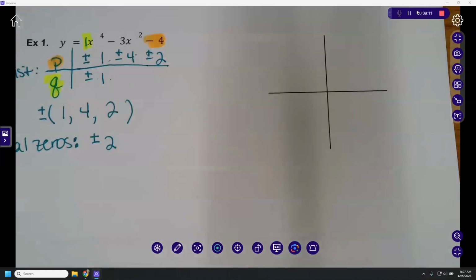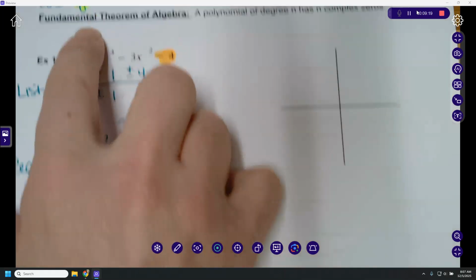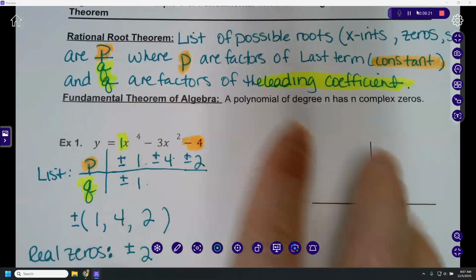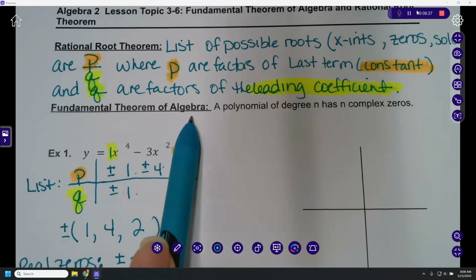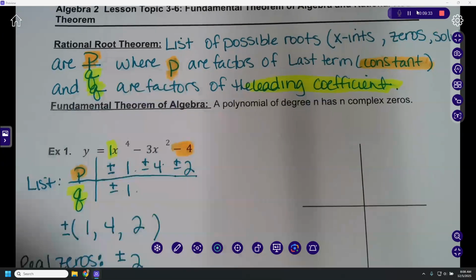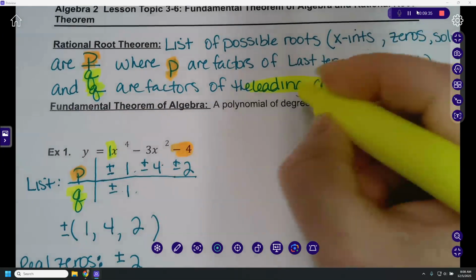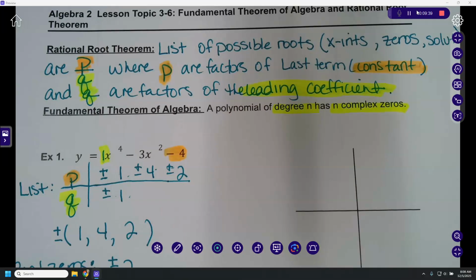All right, now to lay the groundwork then for next week, let's just finish up with the fundamental theorem of algebra, sorry, I teach calculus as well. And we're going to revisit this next week. There's 2 of them. It says a polynomial of degree n has n complex zeros.